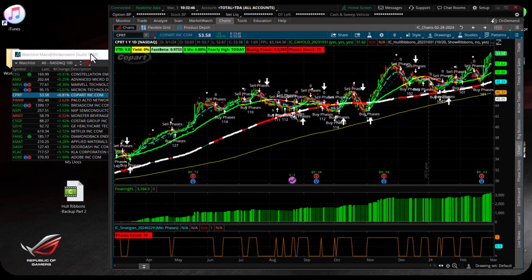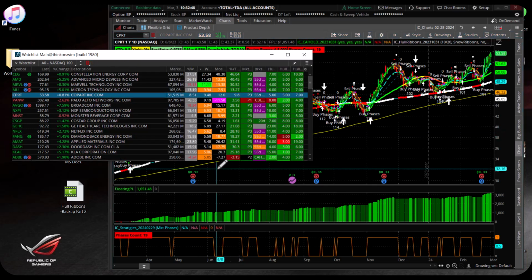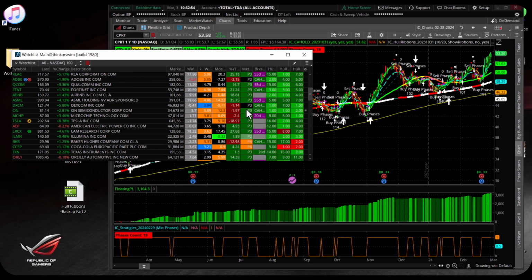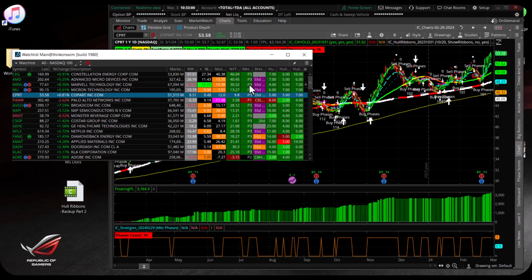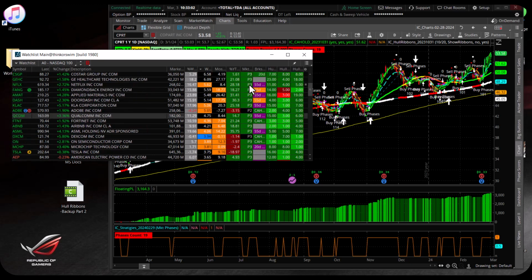The thing that I use is I've got the market phases on my watch list, and I can go down the watch list, and those areas that are in black represent key areas where I'm in a transition phase. So if I see a black background for a particular phase, I can look at that.